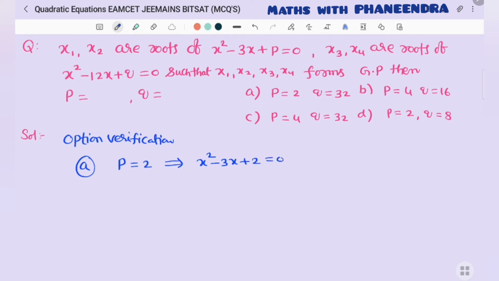Whose roots are x1 and x2, with sum x1 plus x2 equal to minus b by a, which means 3, and product x1 x2 equal to 2.